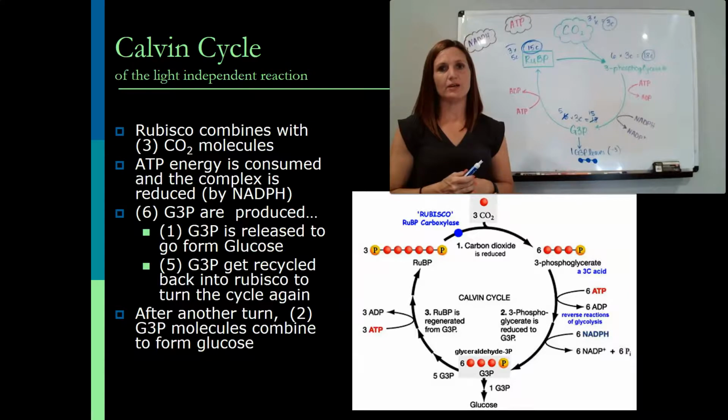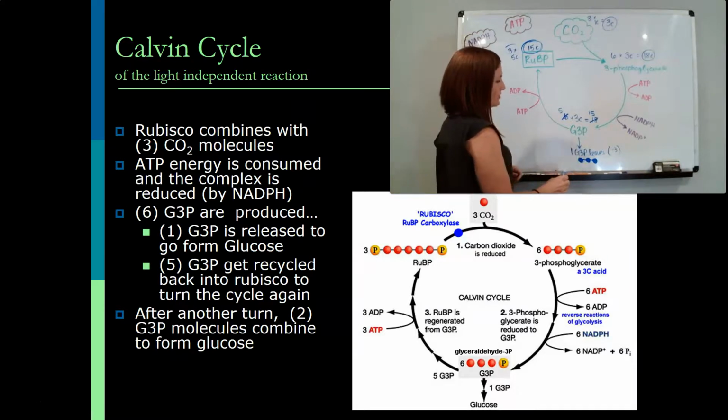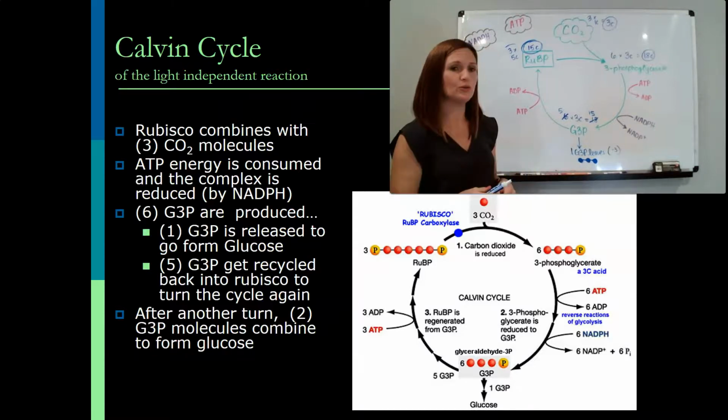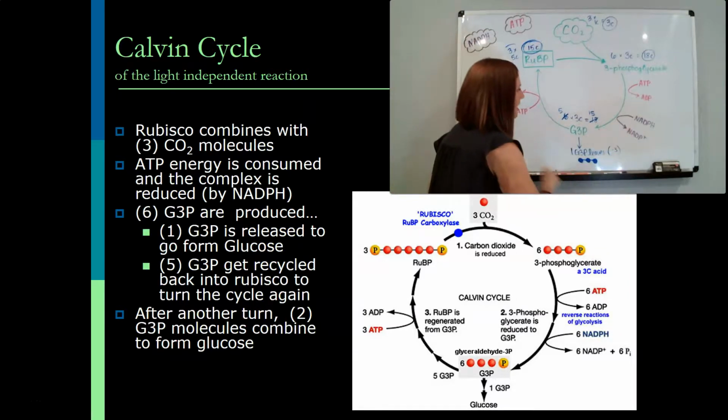Now here's the big crazy thing that needs to happen. In order to make a glucose, we need 2 G3P molecules. In order to make a glucose, I need to do this whole thing again.